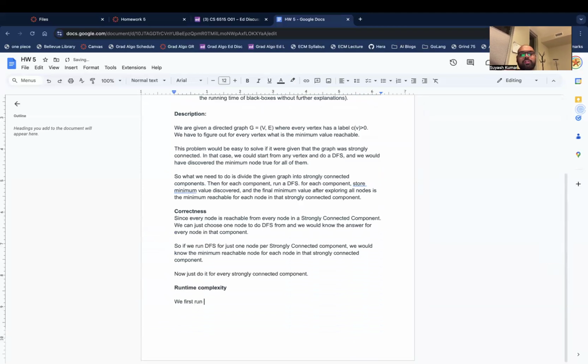We first run SCC and then do DFS for each SCC. Runtime complexity for SCC.